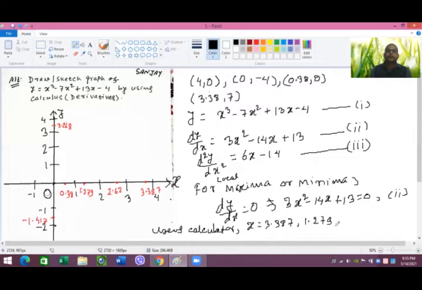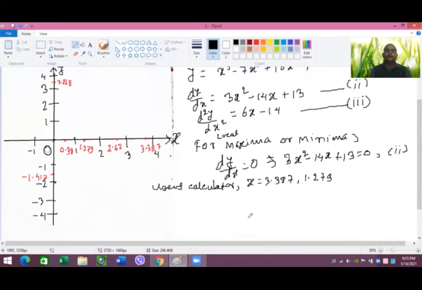So here, in order to check at what value of x the curve is going to attain the maximum point, we take x equals 3.387 in the second order derivative, which is in equation 3. So d2y by dx squared equals 6 times this value of x, 3.387, and then minus 14.